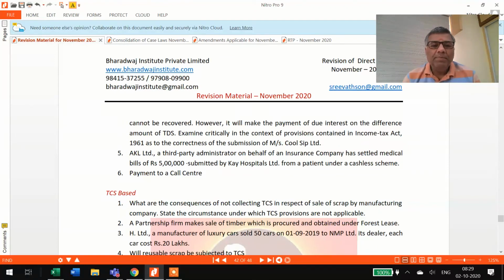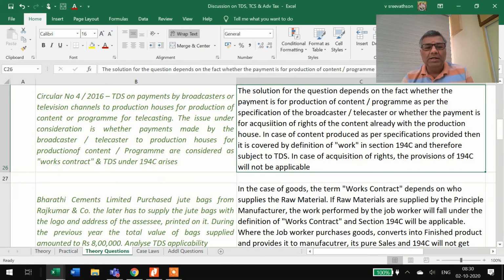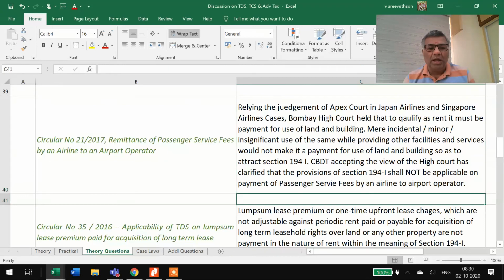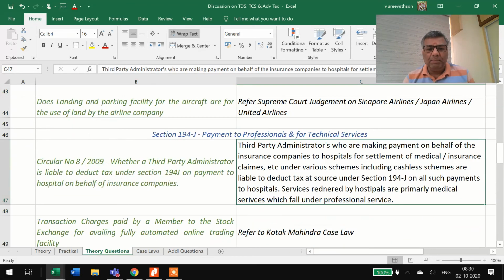Question 5. AKL Limited, a third-party administrator on behalf of an insurance company, has settled medical bills of rupees 5 lakh submitted by K Hospitals for cashless. You are supposed to deduct tax at source under 194J. It is a circular released by the department.